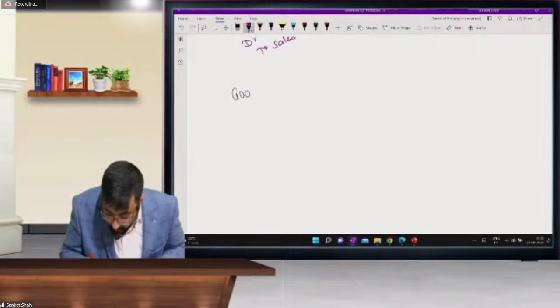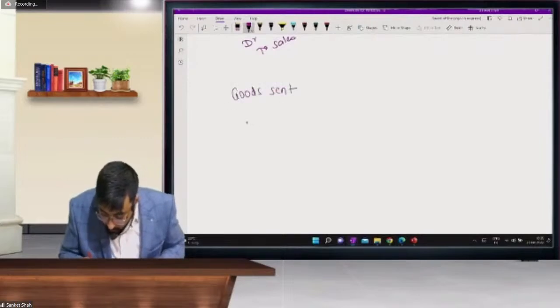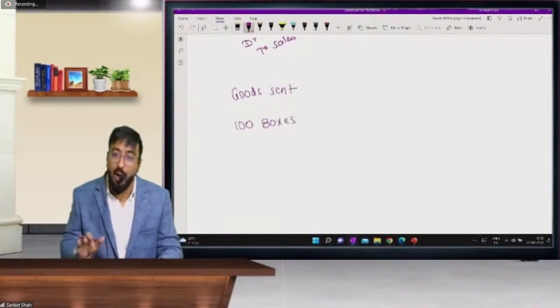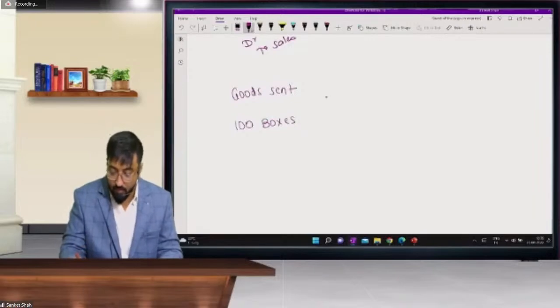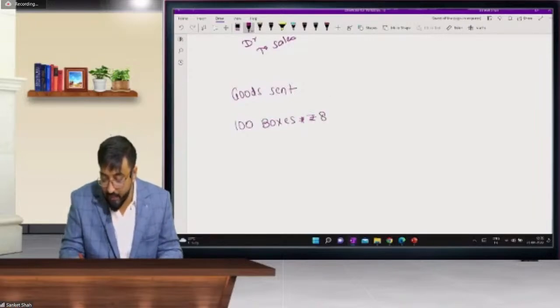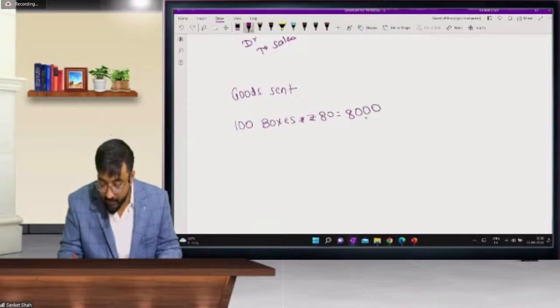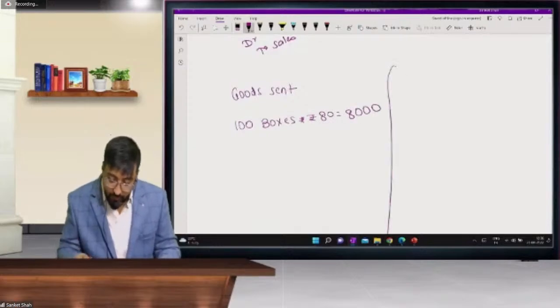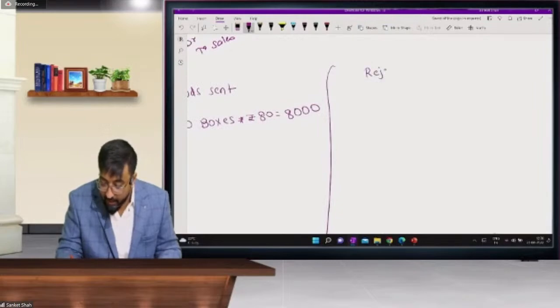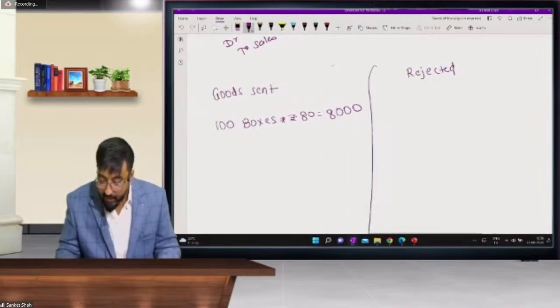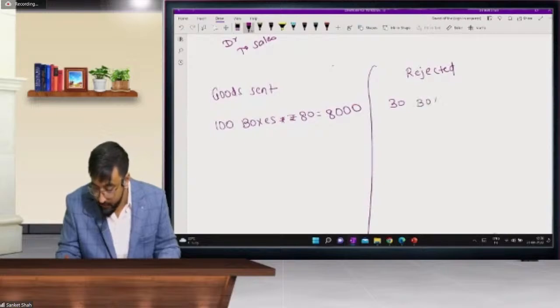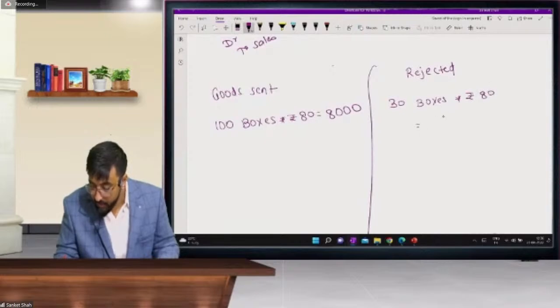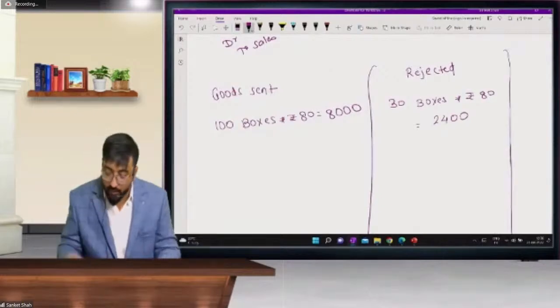Goods sent: assume 100 boxes. Assume the amount also; you have to write. Assume rupees 80 per box is my selling price, so 8,000. Rejected: assume 30 boxes into rupees 80, so rejected is 2,400.